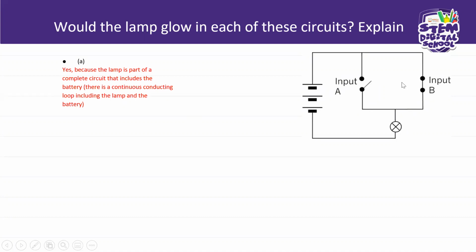Even if you close either of the switches, the circuit will be complete, because current will flow where it finds its path. If it doesn't find its path here on the open switch, then it has another alternative route where there is a closed switch.